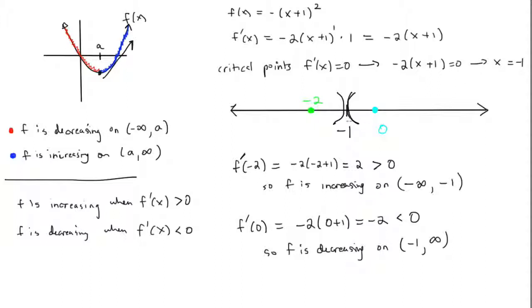But if we had more critical points, we'd be dividing into more zones, and we'd have to test more points to identify exactly what's happening on each interval. So we'll look at some more exotic examples of this in class, but for now, basically the two takeaways here are that the picture says exactly what you think it does, and what the formal definition is using the derivative for when we don't have pictures.